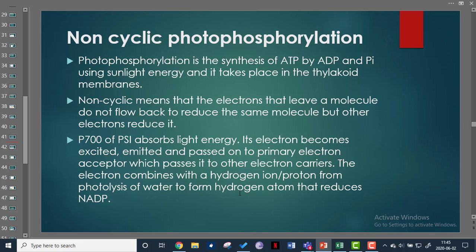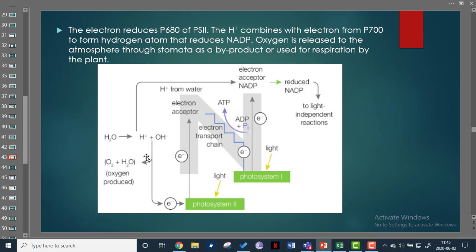Now you can see exactly what we said: the electron that has been obtained from photosystem 1 will combine with a hydrogen ion or a proton that was obtained from the photolysis of water.